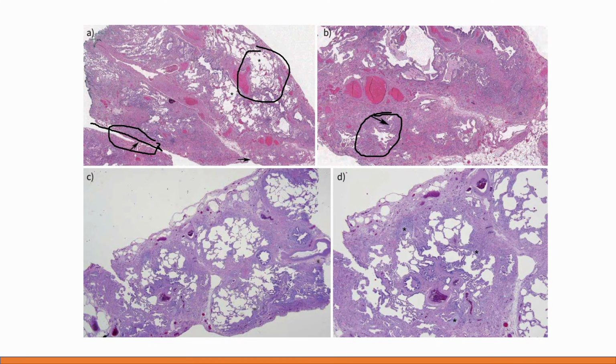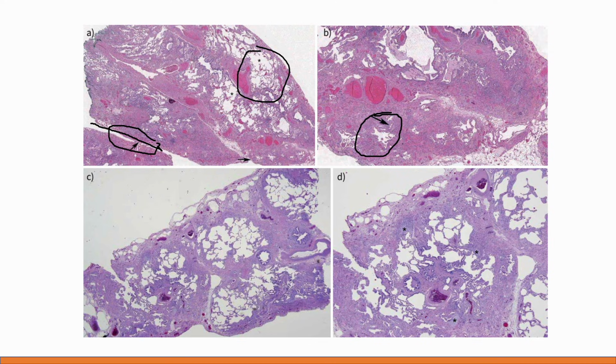Now, when we go down and look at a probable UIP low magnification view as compared to a typical UIP view, we again see paraseptal predominant patchwork fibrosis, but in a probable UIP, the honeycombing change that we see is also not as much.